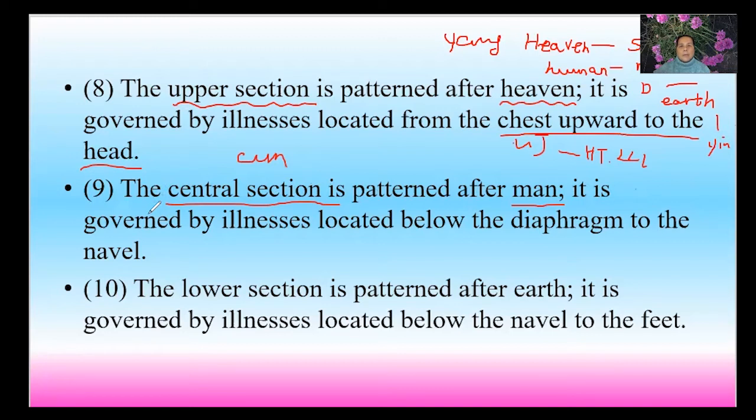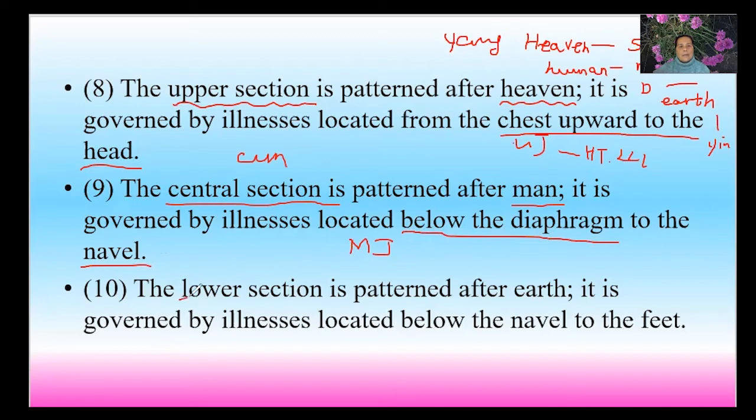And the illness relationship, we still say that's the middle jiao. Middle jiao is basically below the diaphragm to the umbilical. If the patient has illness in that area, we can feel the difference in the middle line and the middle section.